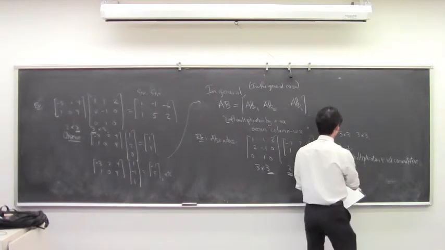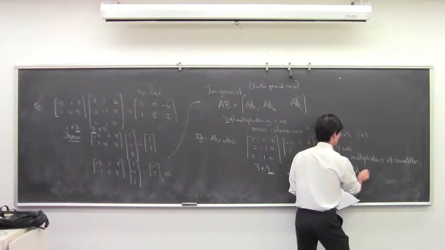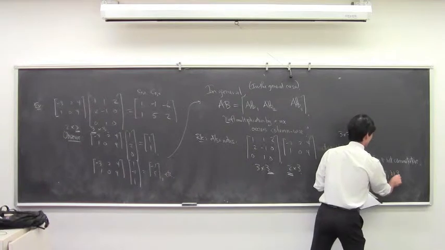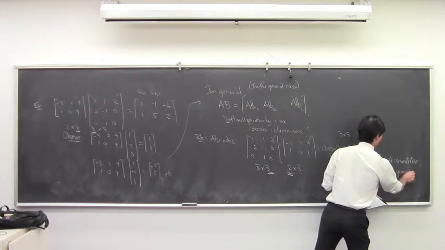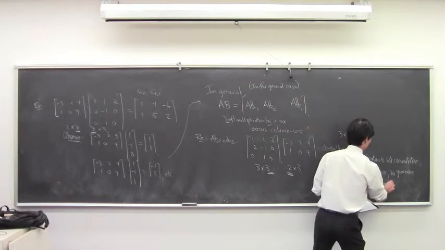Even if BA makes sense, there's no guarantee that it equals AB.